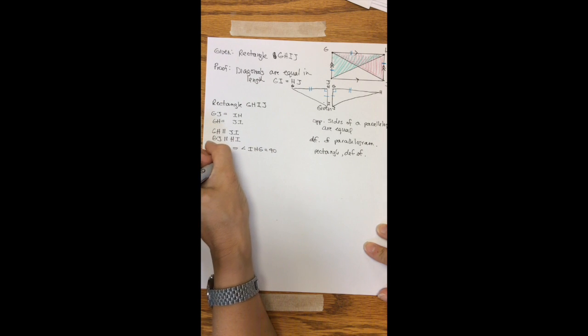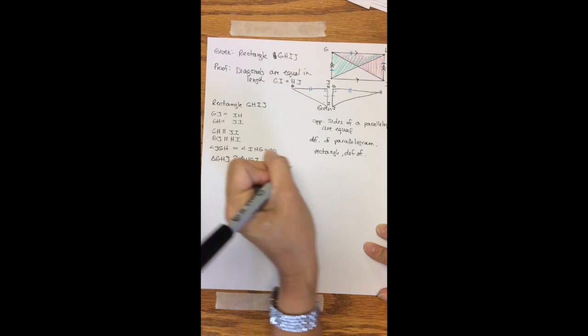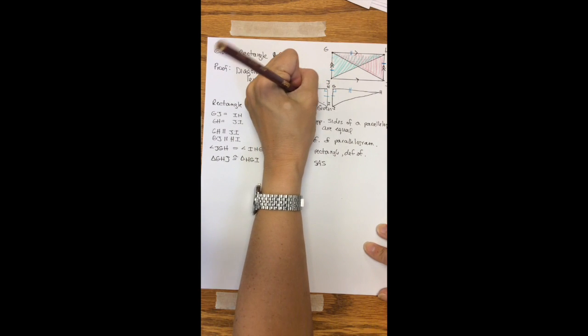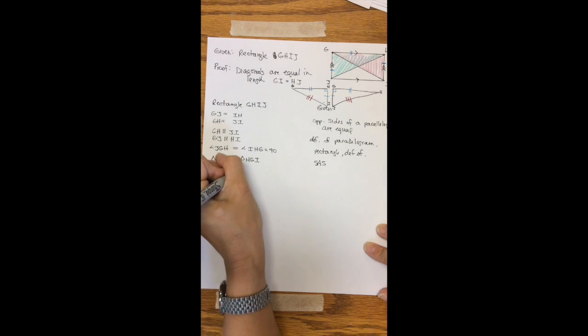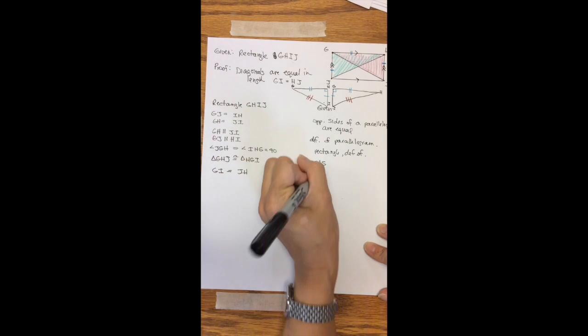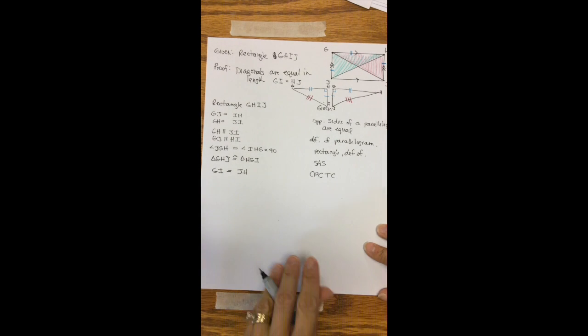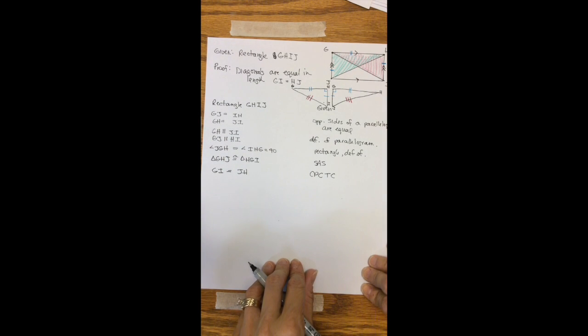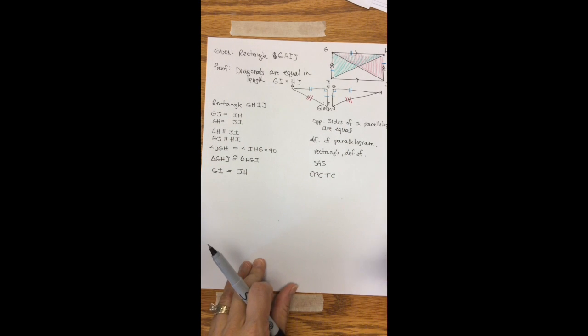Triangle GHJ is congruent to triangle HGI because of side angle side. And once you know the triangles are congruent, you can say the third sides are congruent. So GI is equal to JH, because congruent parts of congruent triangles are in fact congruent. Okay. Very fun. Sorry about that drawing up there. If you have any questions, I will explain tomorrow.